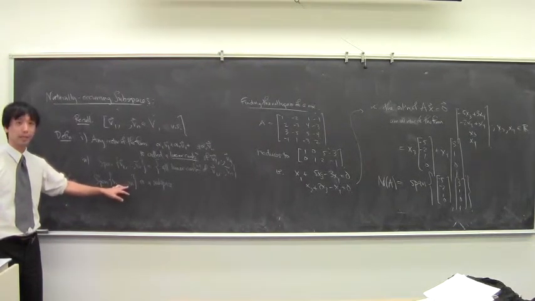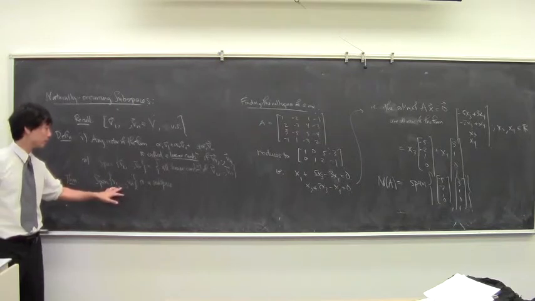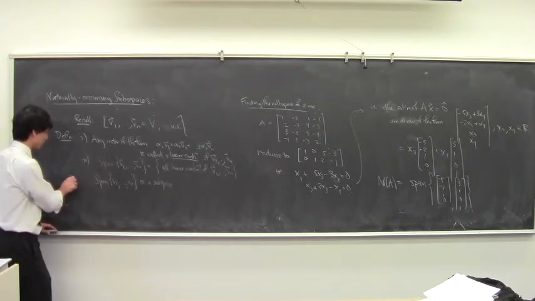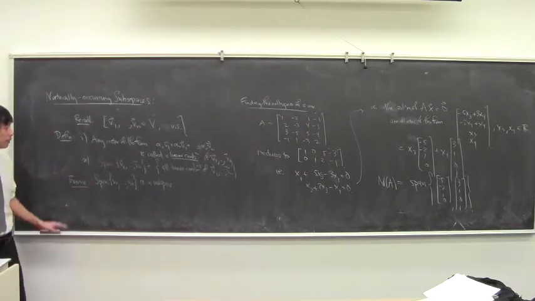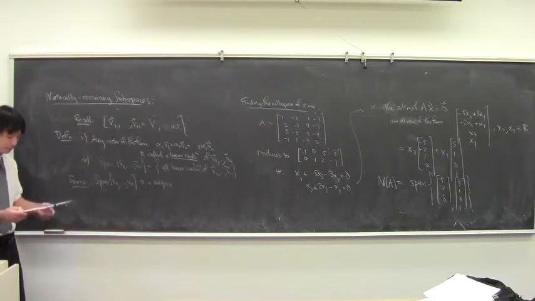Is it closed under scaling? If you take a linear combination and scale it, do you still get a linear combination? Sure, right? So this is sort of trivial. This is really an exercise rather than a theorem. Any span is a subspace.